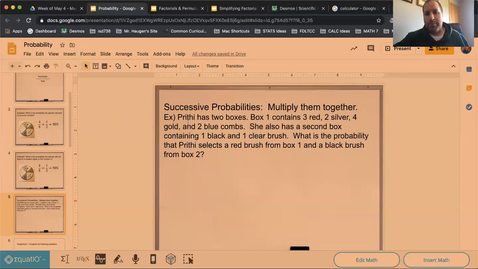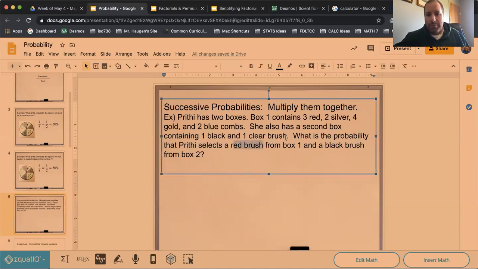That's successive probabilities. So here, this person has some different boxes, just to keep it a little simpler. Box 1 has a bunch of different combs. The second one only has a couple. She's going to reach into the first box, grab a comb, then the second box, grab a comb. So what's the probability that she selects a red brush from box 1 and a black one from box 2? We know how to find each of those individually.